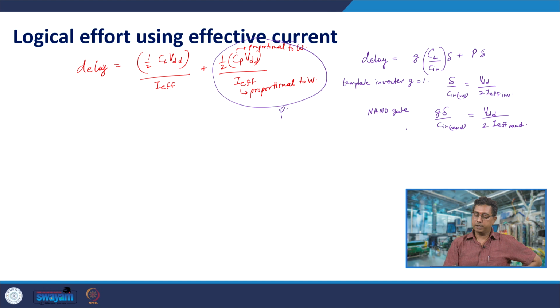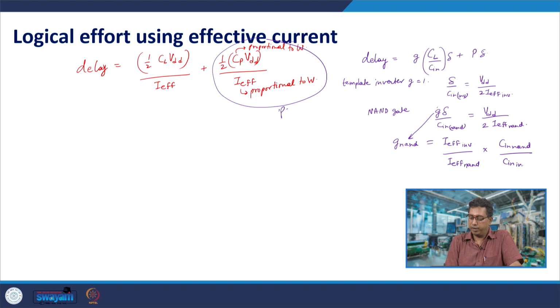So, what is the value of G of the NAND gate? This is the same as this G. So, what is its value? It would come out to be I effective inverter by I effective NAND, into C in NAND by C in inverter.